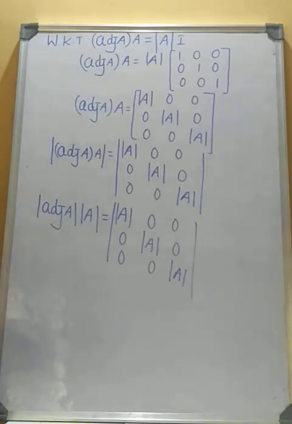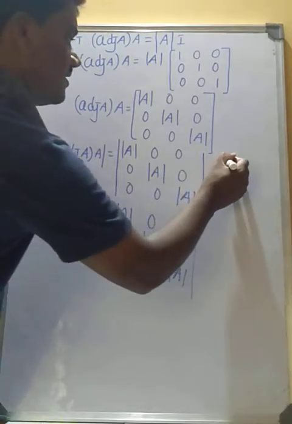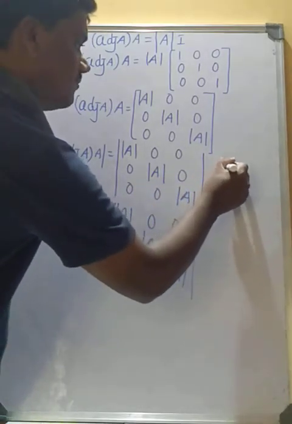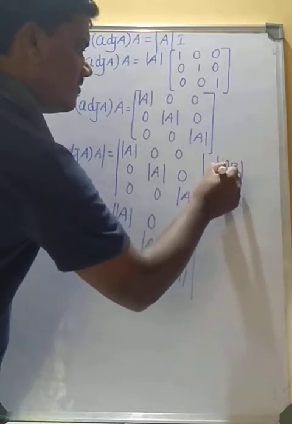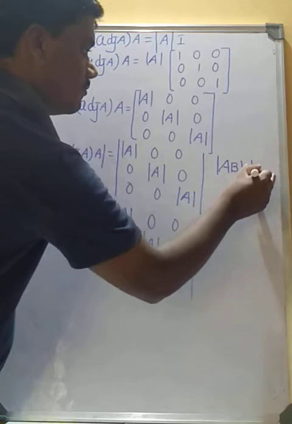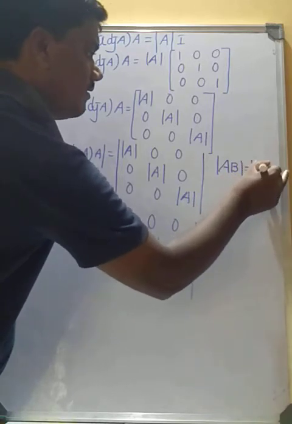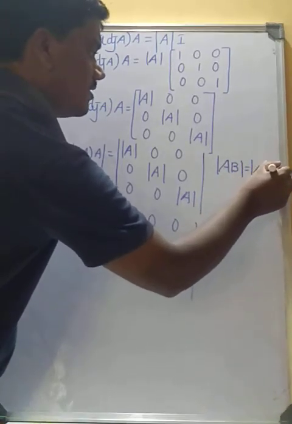So one more statement, the determinant of the product of the matrices is equal to the product of their respective determinants, that is determinant of AB is equal to determinant of A into determinant of B.